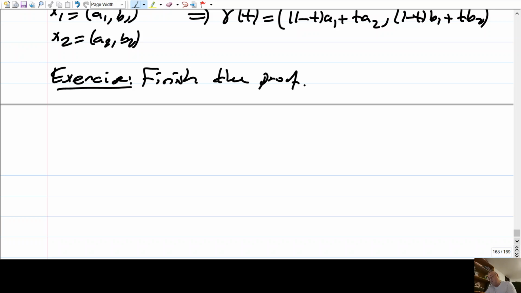And actually, this is true not just for the metric d1 or d2, but for any metric d rho, with rho between 1 and infinity, including infinity.